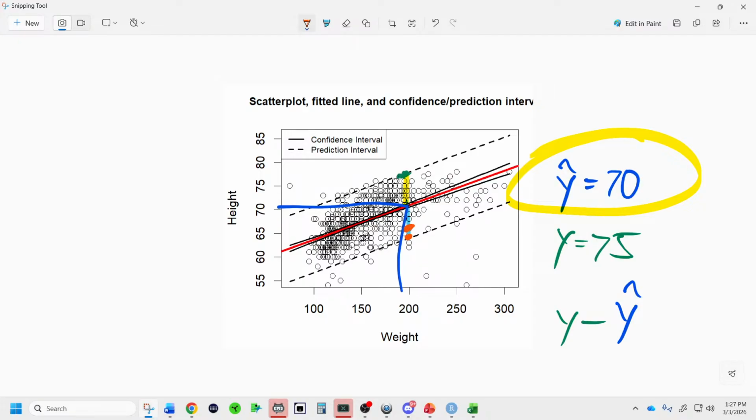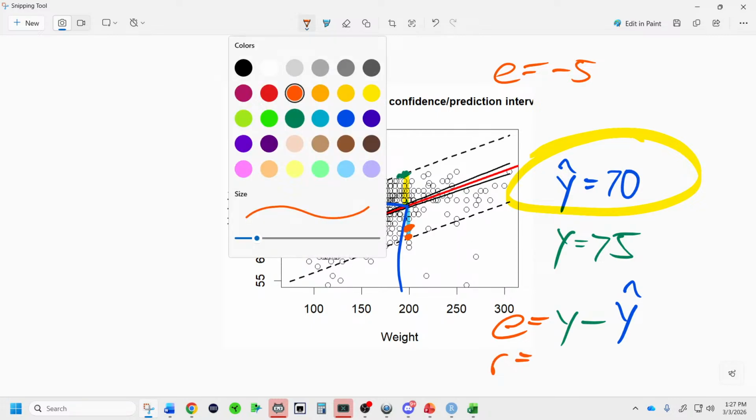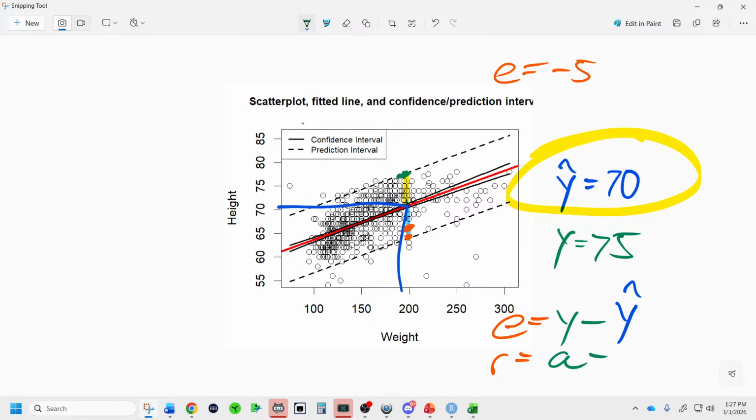So if you're -5 as your E value, because we're going to say E equals residual equals actual minus predicted, you take whatever the actual is and you subtract the predicted from the model. And it gives you this distance. So they would be about 60.